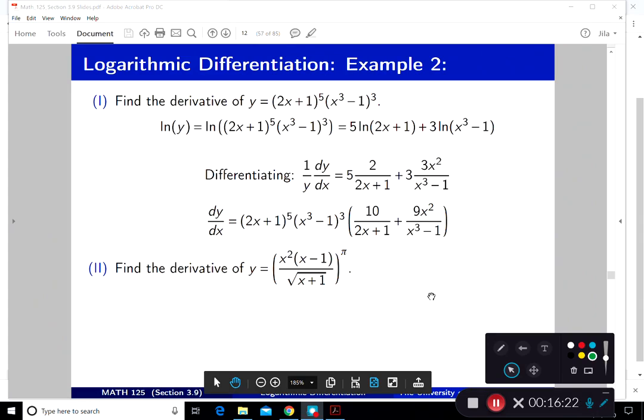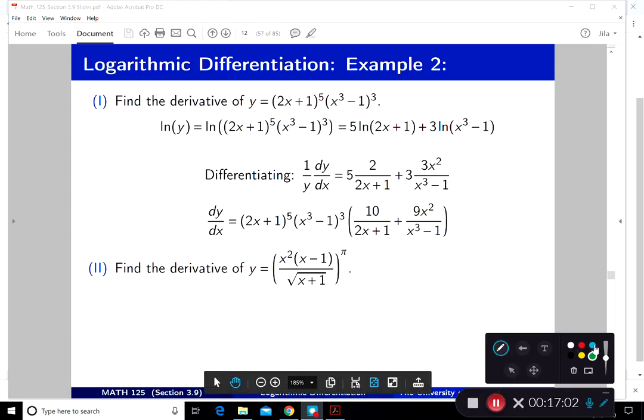Again, another usage of logarithmic differentiation is when you have exponents, products and quotients. And so here's another example of this. How do I find the derivative of y when y is this quotient to a power? The first thing that we want to do is take the natural log of both sides.